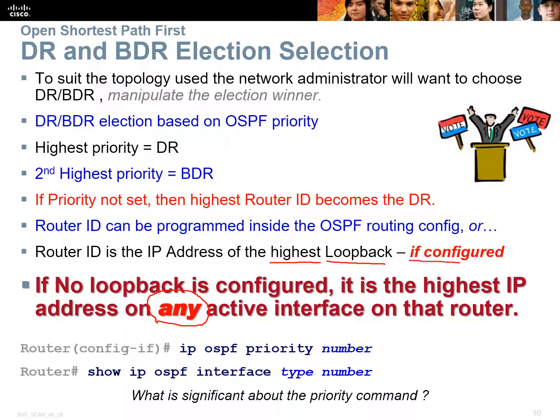So the router ID can be programmed inside the routing process. It takes the highest address of any loopback if configured. If no loopback is configured, it is the highest IP address on any active interface on that router.